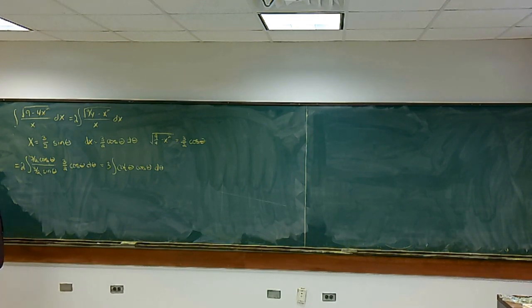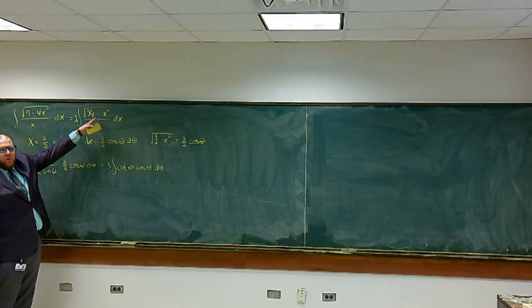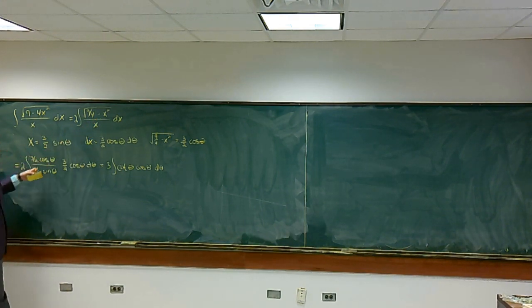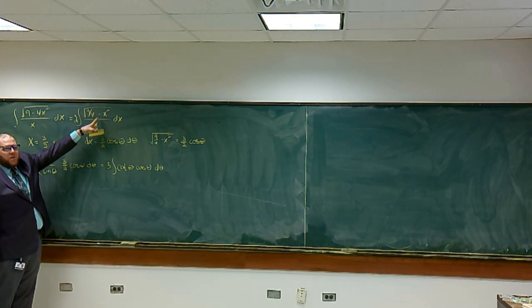How did we get there? So the 2 is from factoring out the square root of 4. This is the square root, right?